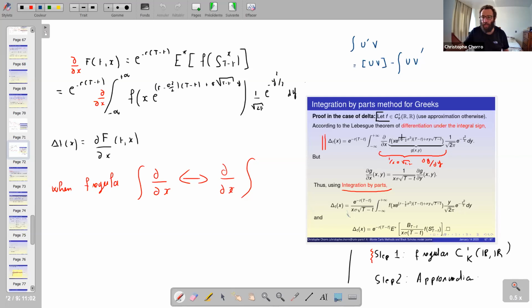I handle this expression a little in order to use integration by part, keeping in mind that my variable of integration is y here and the variable of differentiation is x. So I change my expression a little in order to make y appear as the variable of differentiation here. It's exactly what I can do with this expression. And then classical integration by part in order to recover this expression of the delta as an expectation. Okay.